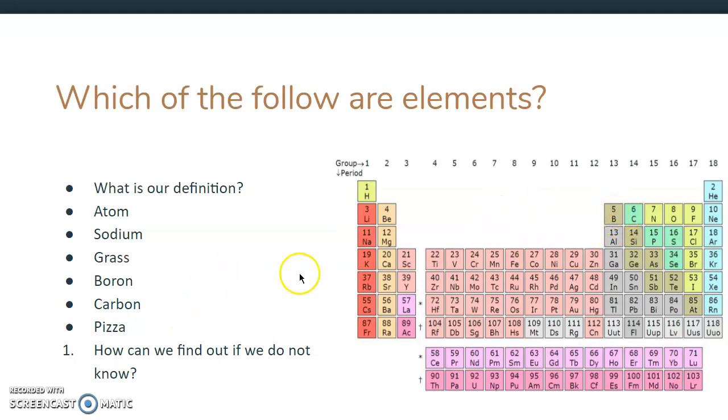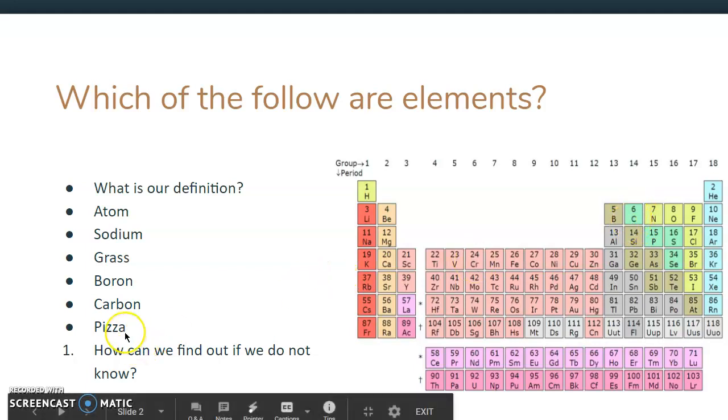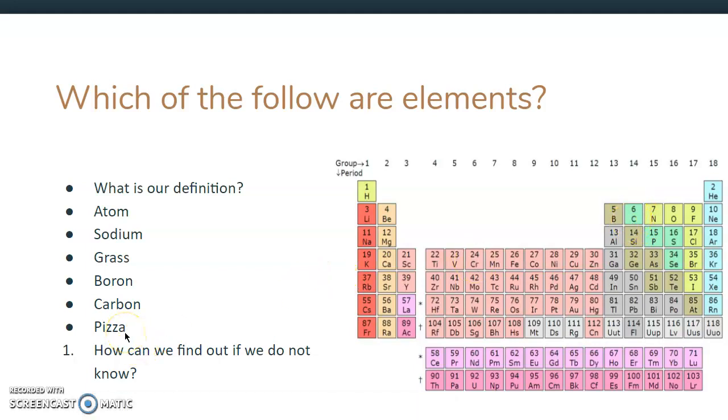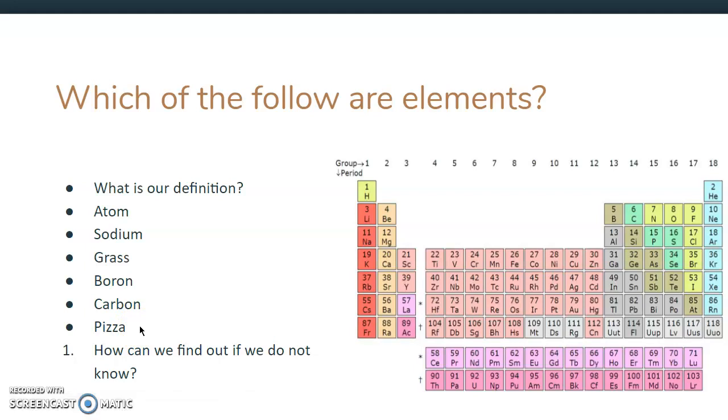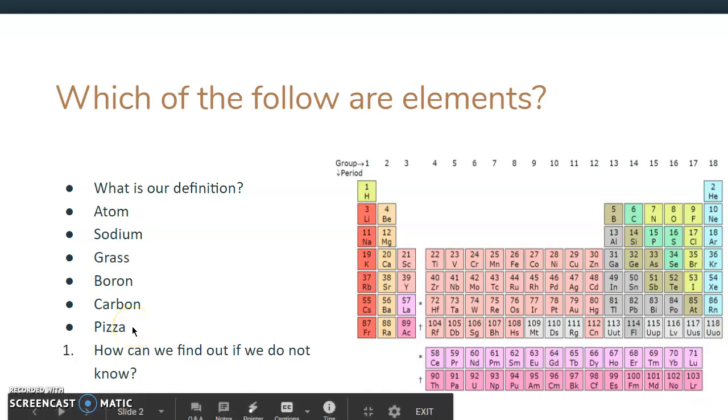We also have carbon. I think we mentioned carbon as an example in our last video, and we can see that carbon, which has an abbreviation of C, is right here as number 6. And then pizza. So pizza, again, like grass, is a very large thing relative to our elements. It is also not a pure substance.